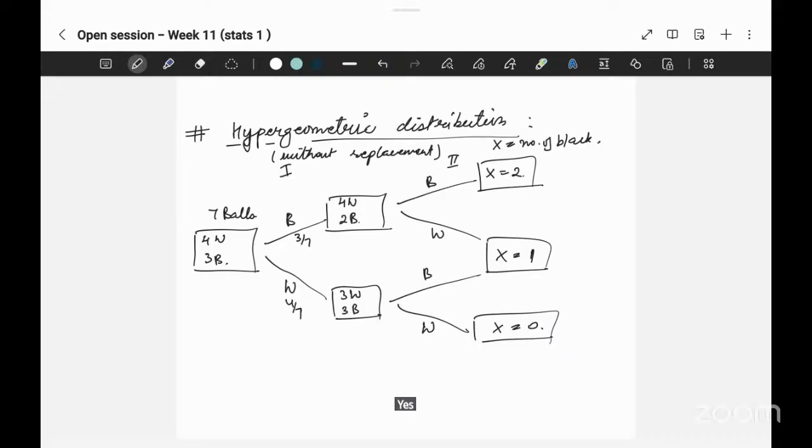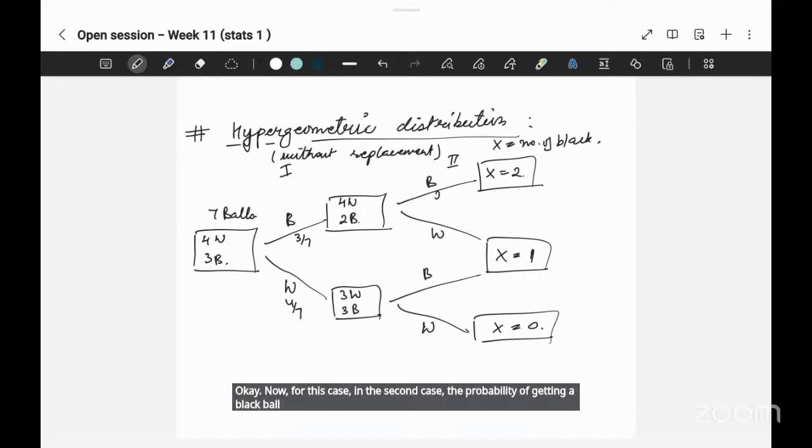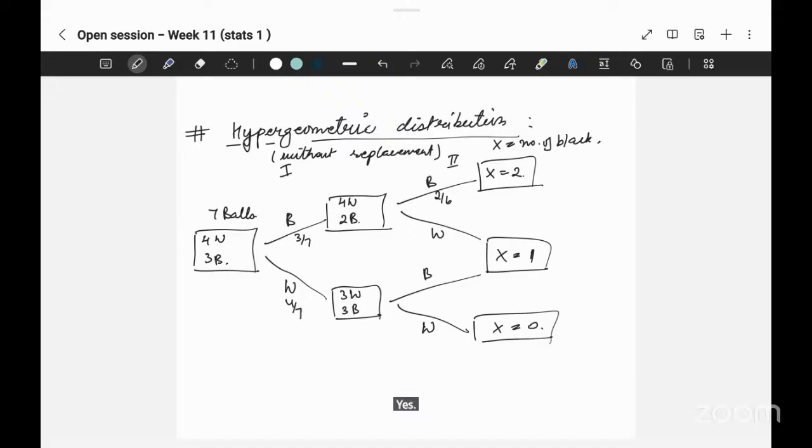Now in the second case, the probability of getting a black ball will be 2/6, and for the white ball, 4/6.